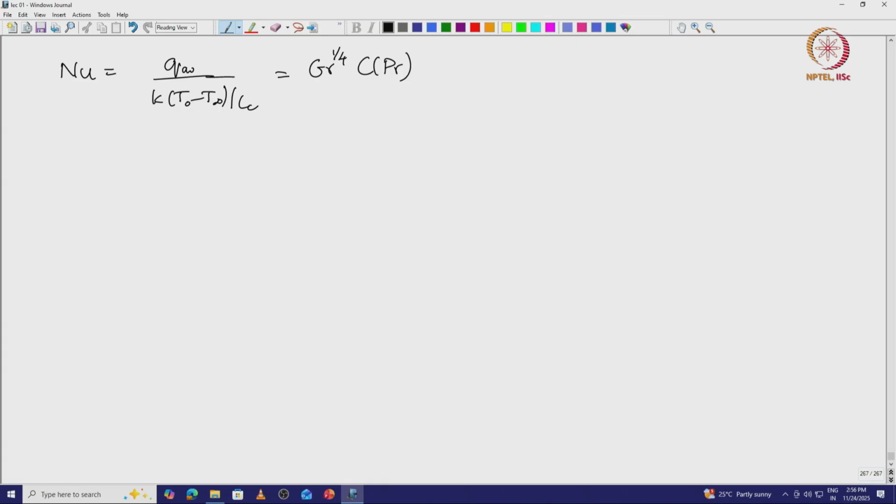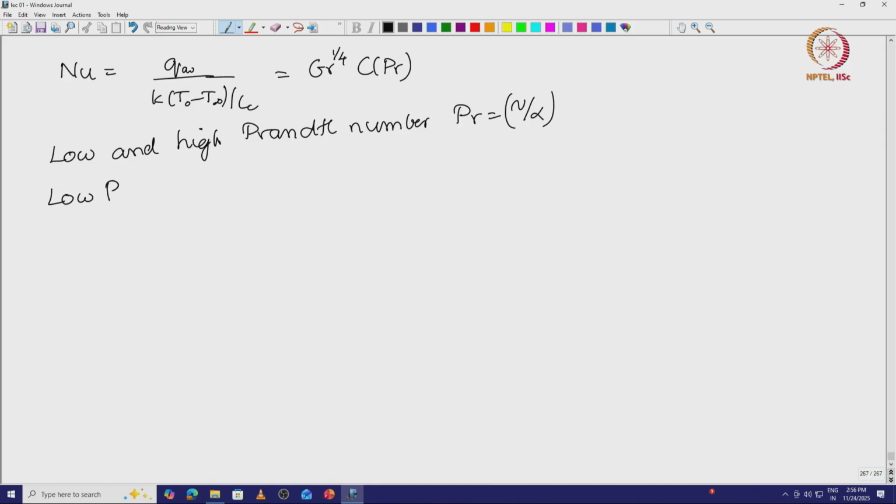So, can we look at the low and high Prandtl number limits of this solution? Note that the Prandtl number is equal to nu by alpha, the ratio of momentum diffusivity and thermal diffusivity. What does low Prandtl number mean?